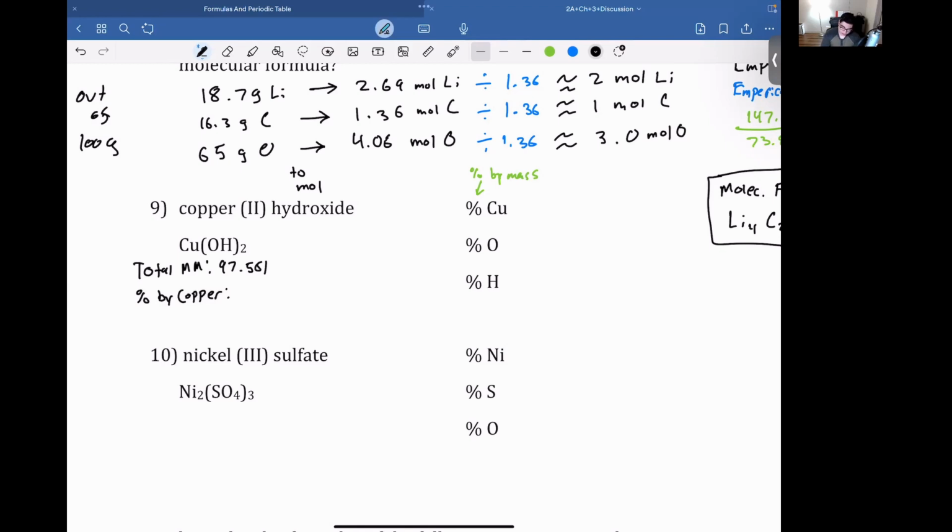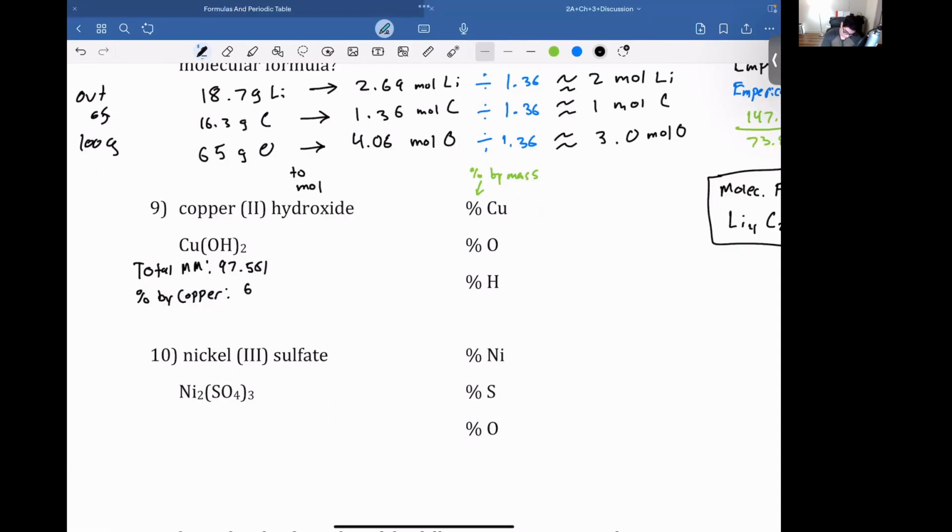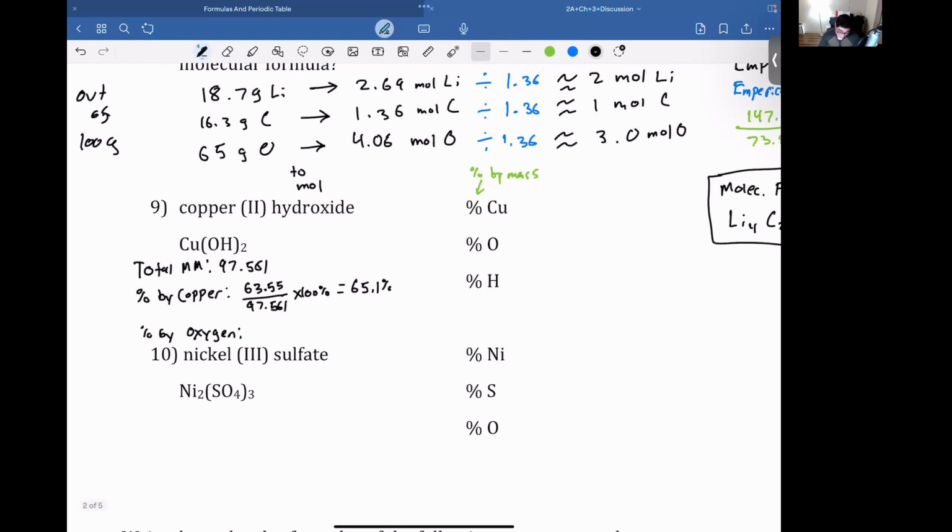So molar mass is related to mass, which is why we can just take this percent. So the percent by copper, all you have to do is take the molar mass of copper, 63.55, and divide it by the total. So just a typical percent thing. Then you times it by 100, and then you get 65.1. You do the same with oxygen. Oxygen, there's 2 of them.